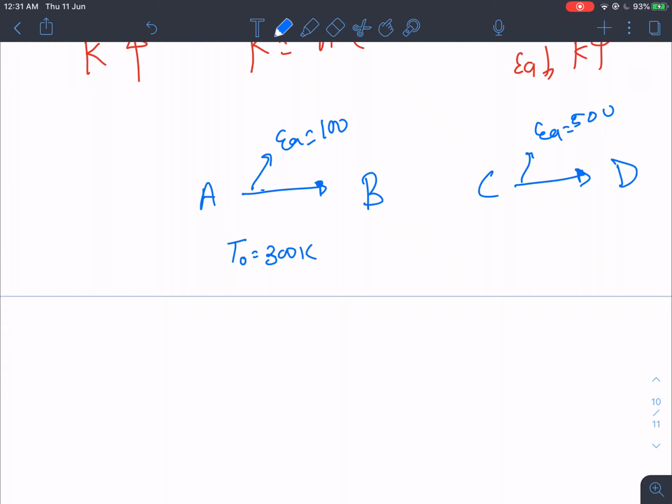Now I am increasing the temperature and the new temperature T1 is 400 Kelvin, and I am doing the same thing here also. T1 is equal to 300 Kelvin and T2 is equal to 400 Kelvin.